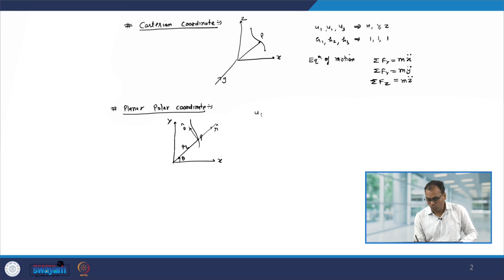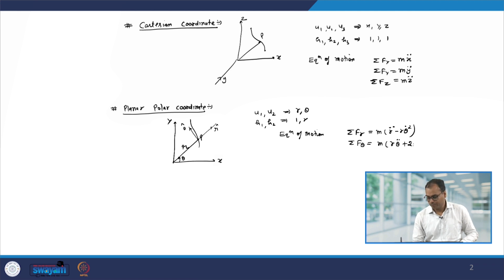Here our u1 and u2 are r and theta, and the scale factors h1 and h2 were 1 and r, and the equation of motion was summation Fr, the force along the r direction, equal to m times r double dot minus r theta dot square, and summation F theta equal to m times r theta double dot plus 2 r dot theta dot.